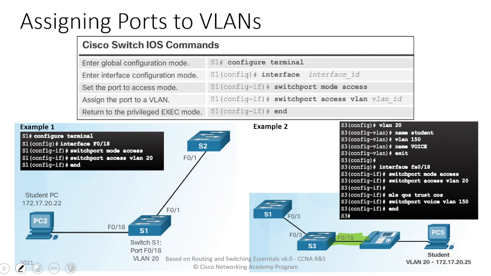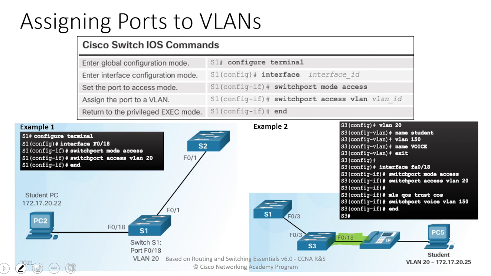So here, when we are configuring, we'll have to create both the VLANs. That is, we create VLAN 20 as student and VLAN 150 as voice. And then when we configure the port, we configure the access VLAN, which is the data VLAN, as VLAN 20, and we specifically configure the voice VLAN as VLAN 150.